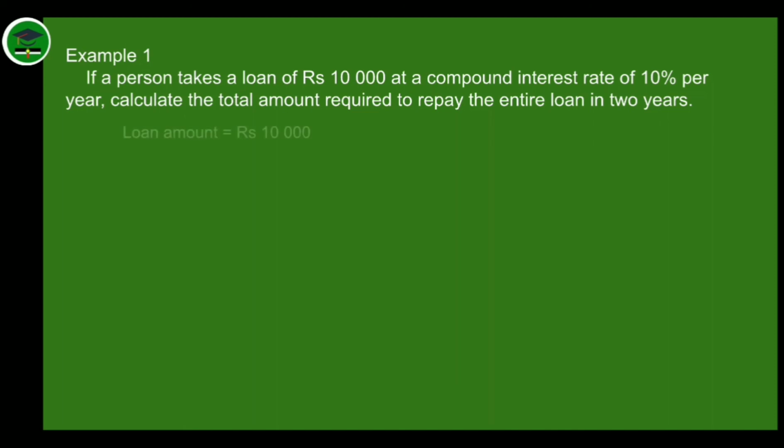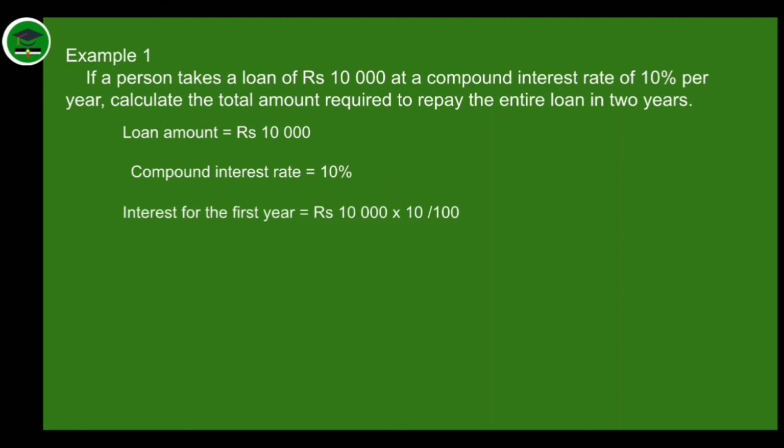So first gather the information. Loan amount is 10,000 rupees. The compound interest rate is 10%. So you know how to calculate the interest for 1 year. If you borrowed 100 rupees, you have to pay 10 rupees as interest. Then you have to calculate the interest for 10,000 rupees.